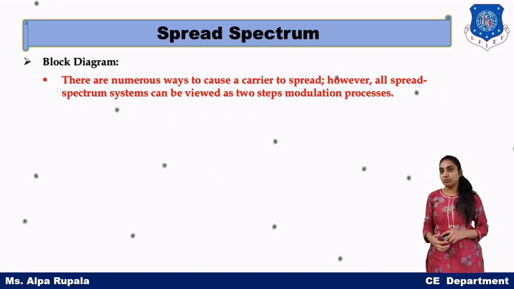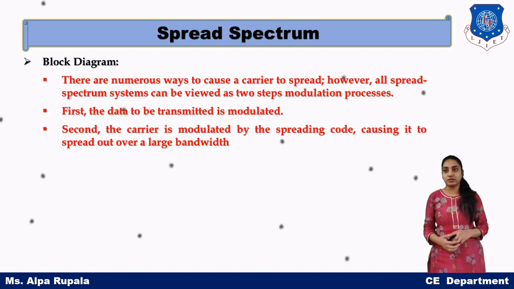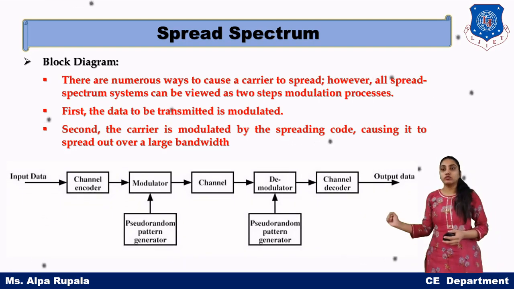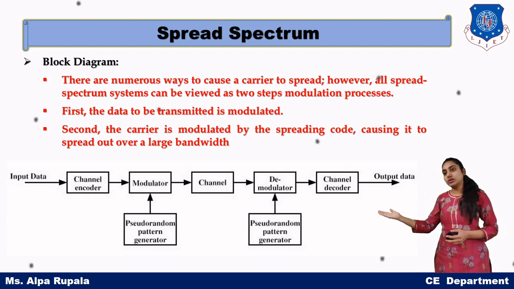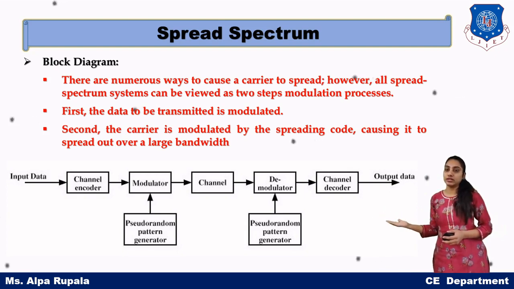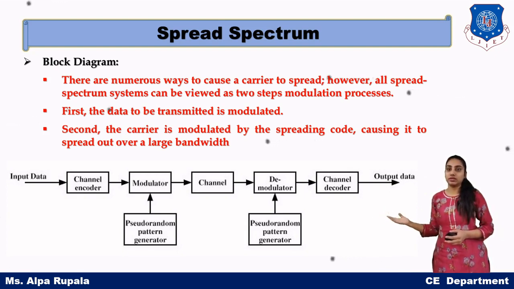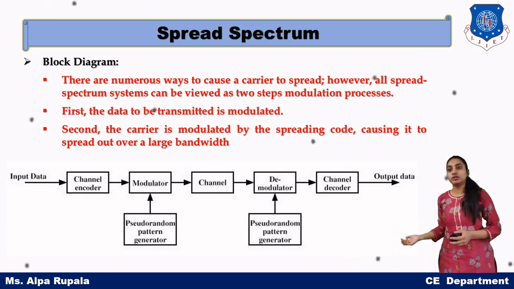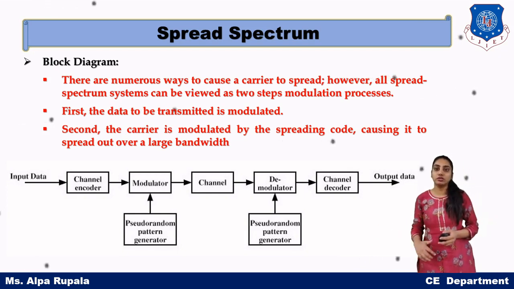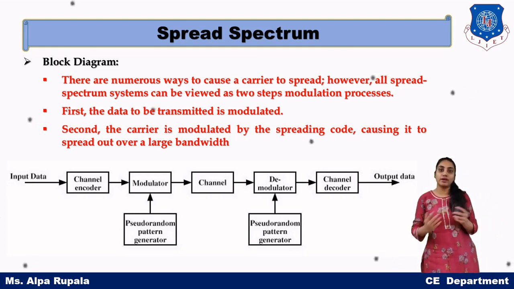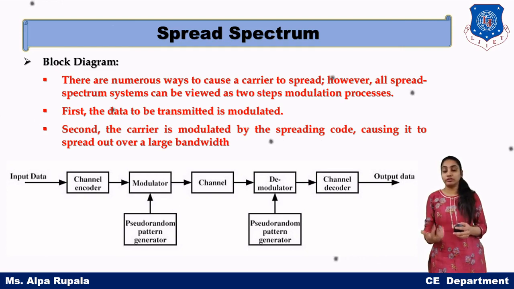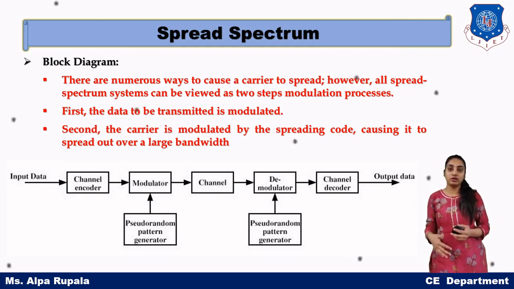Now the next is the block diagram of spread spectrum. In this block diagram, first of all we have the input. From the input we send the original bit data to the channel encoder. Then we give it to the modulation for conversion from narrow band to broadband, and for that we have the pseudo random pattern generator.